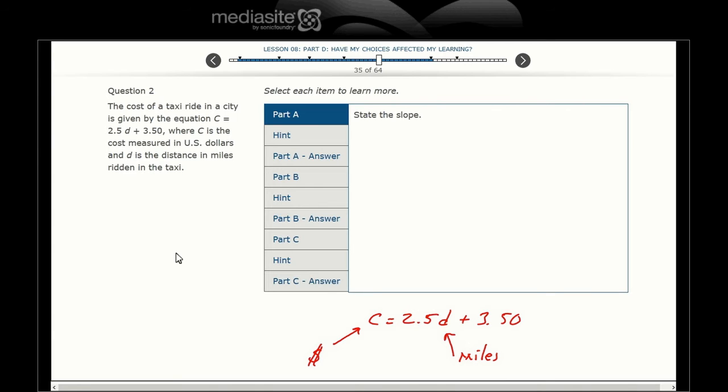So if this is dollars, that means this also has to be dollars, because the units have to equal, which means this guy when I'm done has to be dollars.